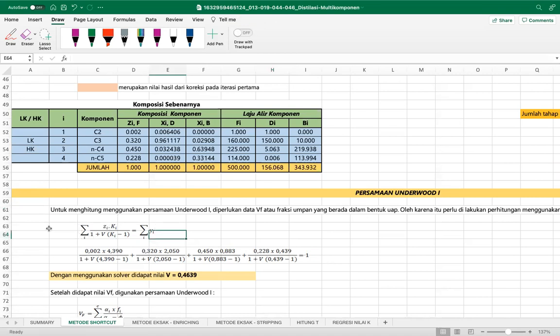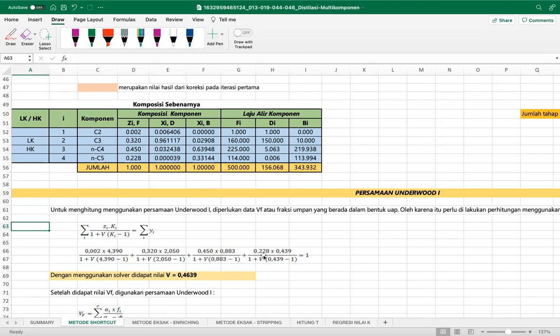Z is the composition, multiplied with Ki, the K of the components, divided by 1 plus the vapor fraction multiplied with Ki minus 1. It should be equal to Yi. They expanded it for component 1, component 2, component 3, component 4, and then you will find the values.